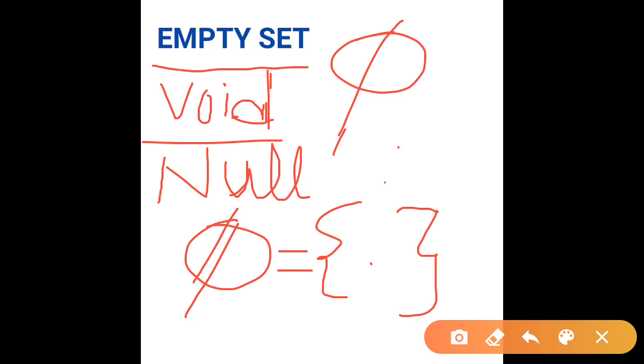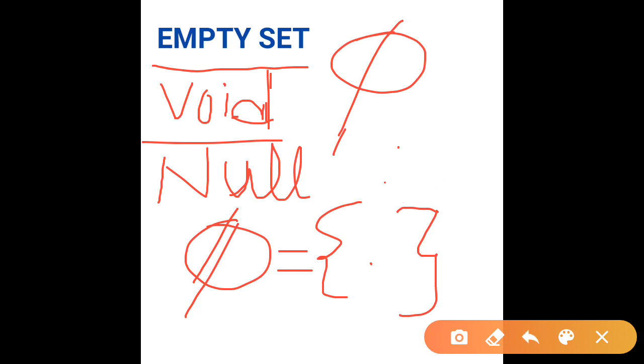Empty set means it should be empty. There is nothing in it, right? That is the empty set.